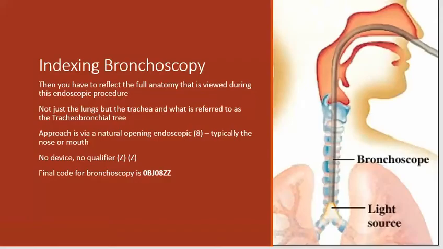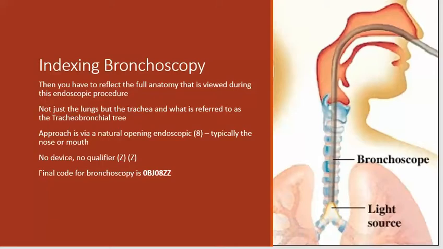So if we go with the alternative indexing method, which is the word inspection, we would have to know what is being inspected. The terminology for that particular part of anatomy is the tracheobronchial tree. The approach is endoscopic, which is 8 in our table.